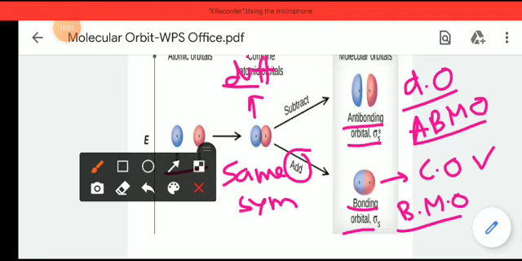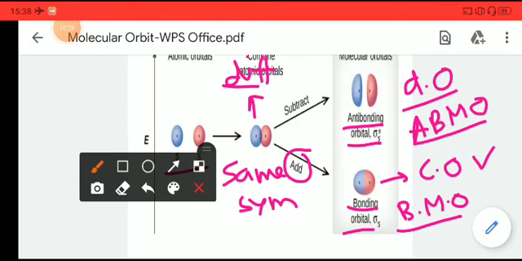For different symmetrical atomic orbitals we get a subtractive overlap, that is why we get an antibonding molecular orbital. But where the atomic orbitals have the same symmetry, there will be a constructive overlap, that is why we get a bonding molecular orbital.